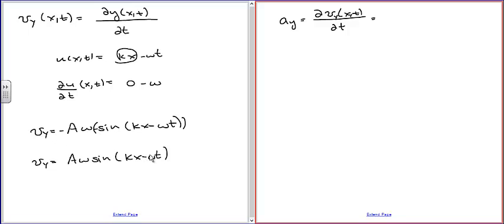This negative shows up again from the chain rule here. You have the amplitude still. Instead of omega, you get omega squared, because you get that happening again here. And the derivative of the sine is the cosine. So you get cosine of kx minus omega t. So that's the acceleration in the y direction.